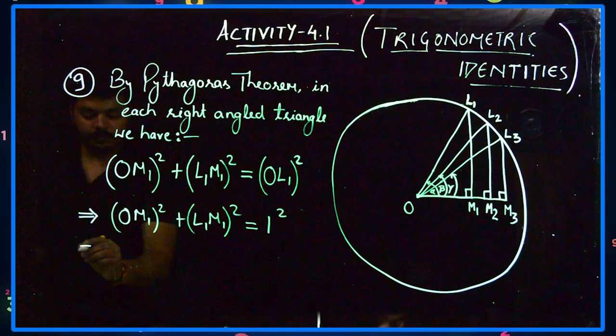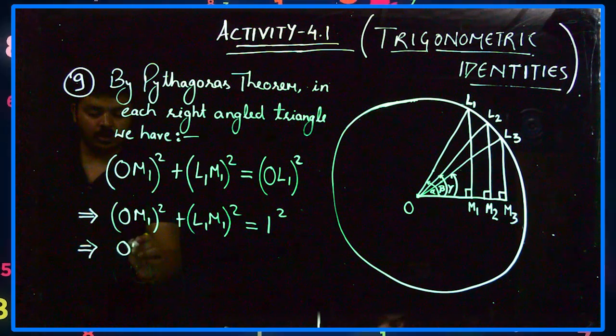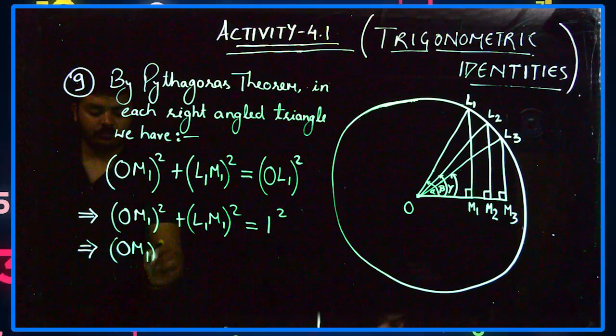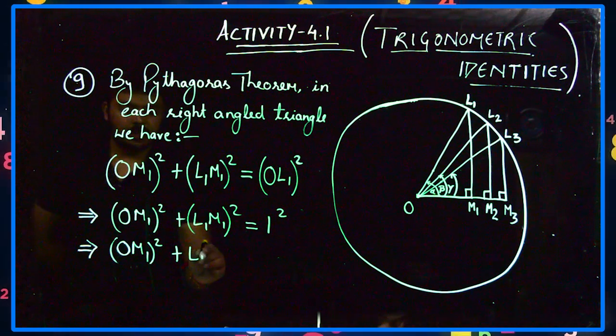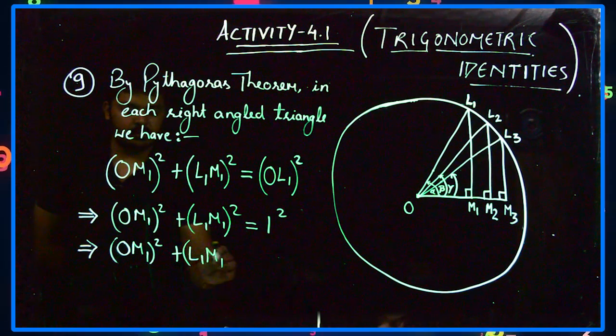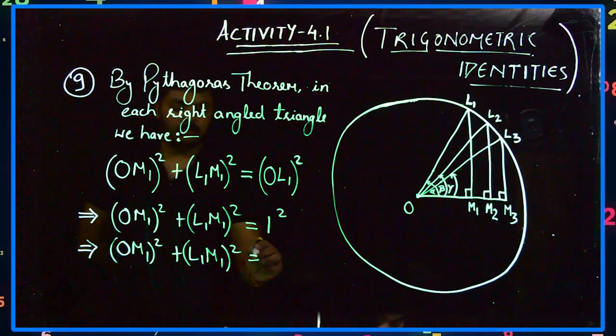So we can say OM1 square plus L1 M1 square is equal to 1.